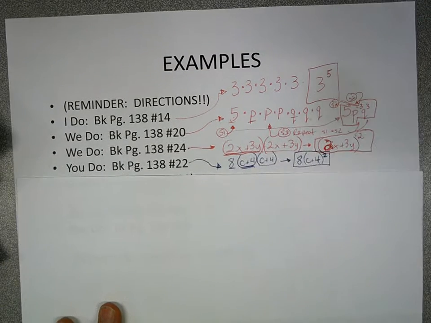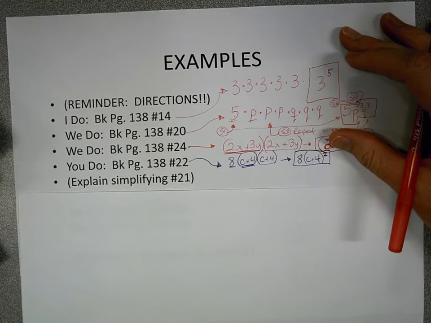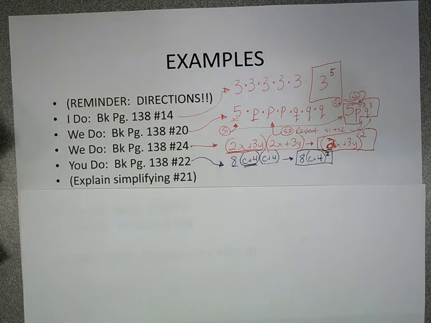Okay, so what I want you to do is go ahead and take a look at number 21. And that is a little different. I just want you to look at it. That's a little different than the rest of these in a way that you can almost call it a step star at the very beginning.